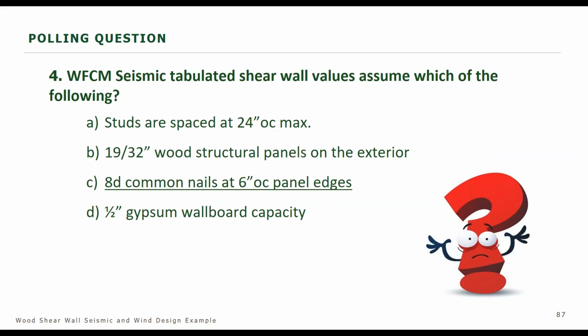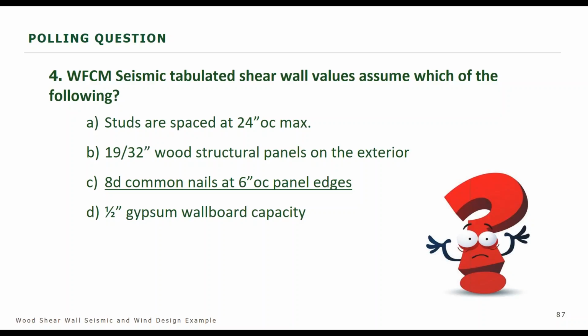All right, thank you. Sounds like about 70-something percent was paying attention, and my repeating that a few times helped. So yes, that's correct. We have studs at 16 inches on center max, not 24. We have 3/8-inch wood structural panel on the exterior, not 19/32.